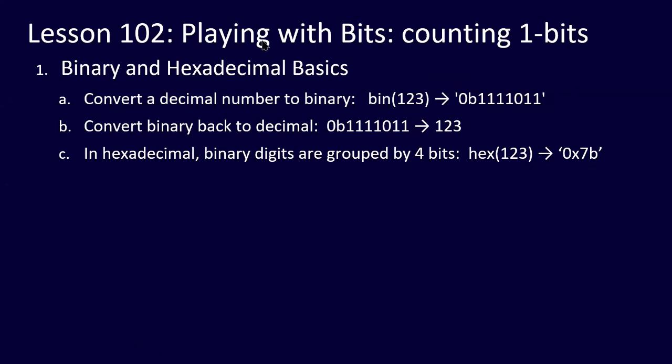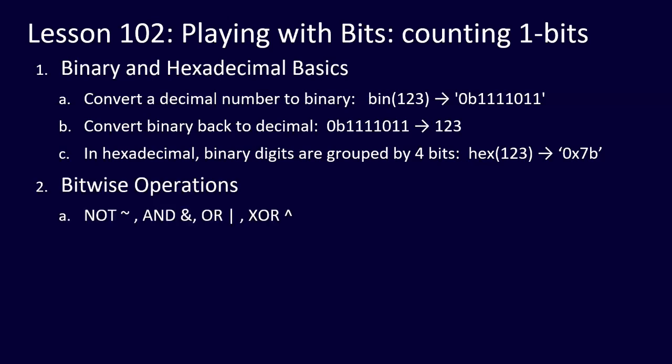Also, we have bitwise operations. For example, there are the not operation, the and operator, the or operator, and the exclusive or operator. Not means that 1 will be changed to 0 and 0 changed to 1. And means the answer will be 1 only if the two operands are 1.